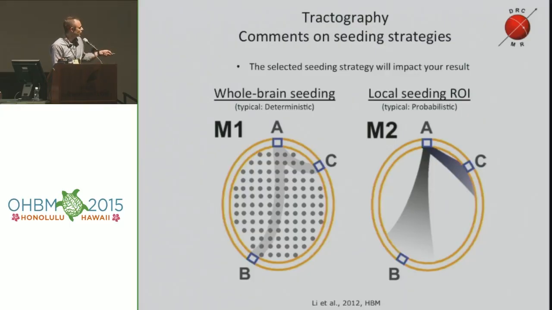Or you can do probabilistic tractography where you seed in a region A, for example, and then you look at the connectivity to C and B. And of course, the longer distances here will probably be more affected by path length dependency. So how you select your seeding strategy also influences network analysis. This is something you can read about in Lee's work down here.